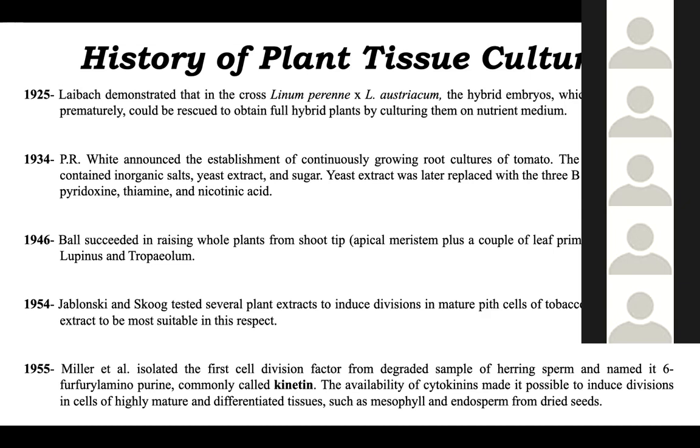We put yeast extract. That's all right actually, but it varies from plant to plant, from species to species, and of course it also depends on your experimental requirements. But when we do it, we add vitamin B stocks in there.